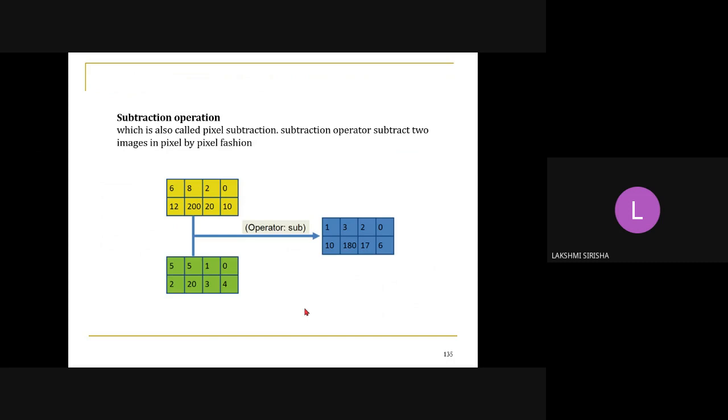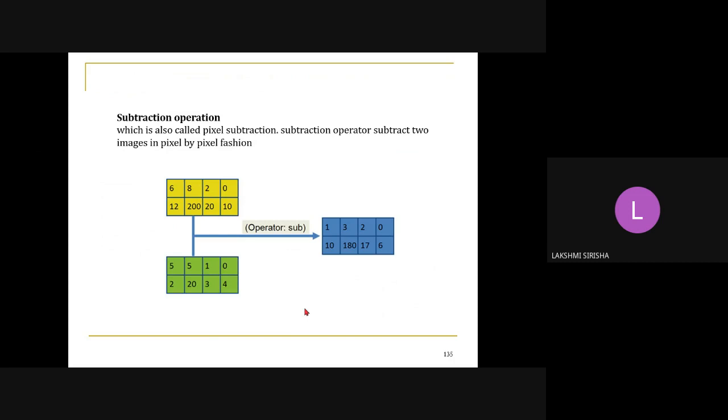The second one is the subtraction operation. Just like addition, here also we subtract the corresponding pixels. That means 6 minus 5, 8 minus 5, 2 minus 1. Similarly, for example, in any case 5 minus 6 gives minus 1. But in an image, it is taken as only 1, that means we take the mod value.